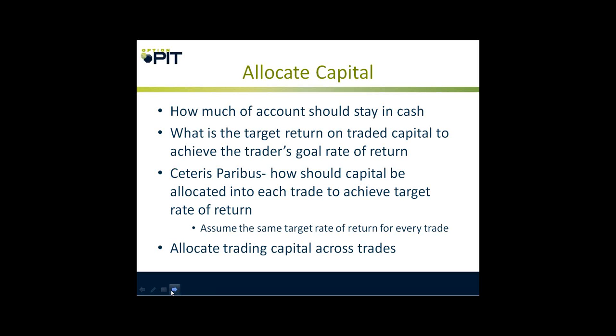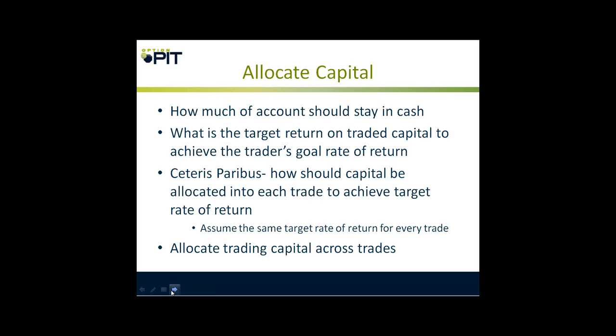Assume the same target rate of return for every trade. Allocate trading capital across trades. Everyone know what ceteris paribus means? It means all other things equal. It's a big economist term. They love it.